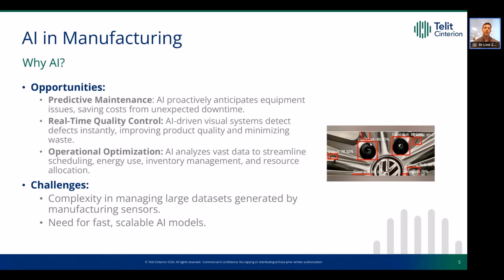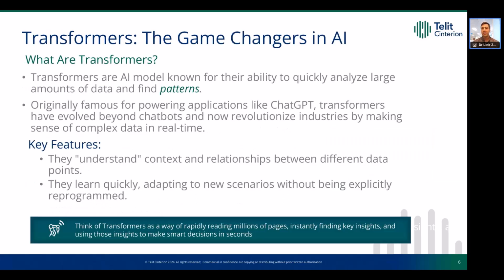And also, there's a need for fast and scalable AI models. These two issues prove to us that traditional AI, as great as it is and as much as manufacturers currently have it, is not enough. We need something more robust, something better than the traditional. And that's where transformers come into play.